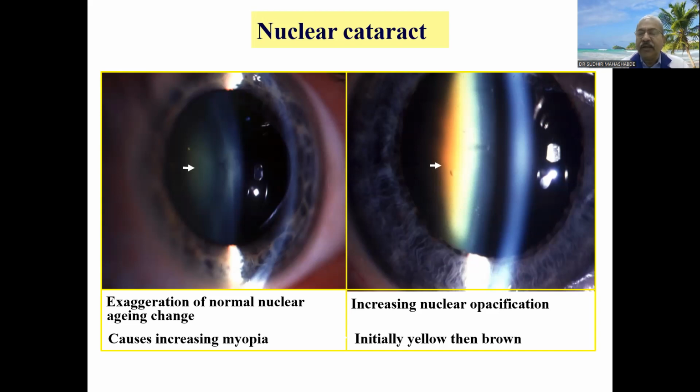In the sclerotic cataract, there is a deposition of pigment in the nucleus, and it becomes yellow and then ultimately brown or black.